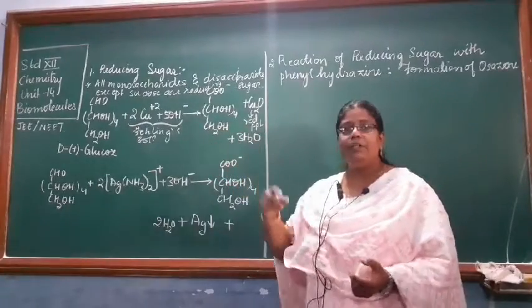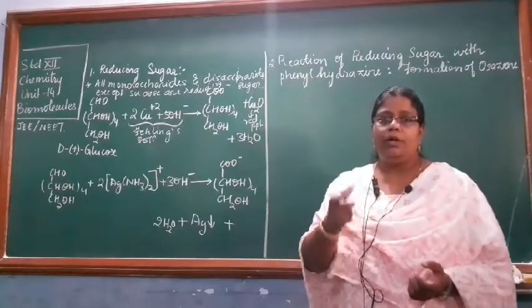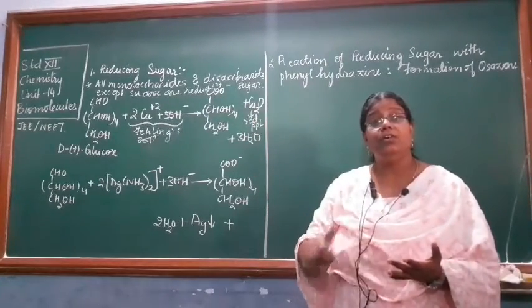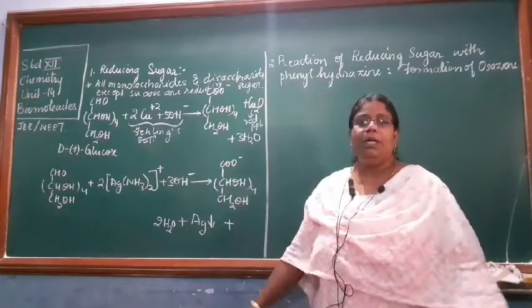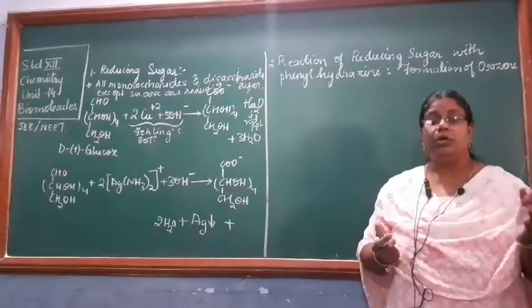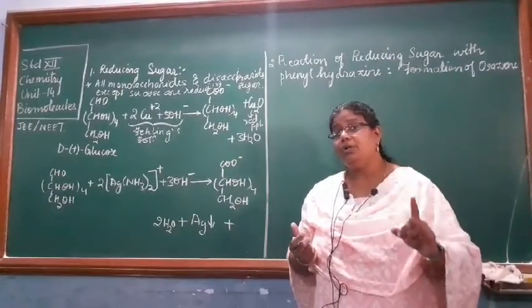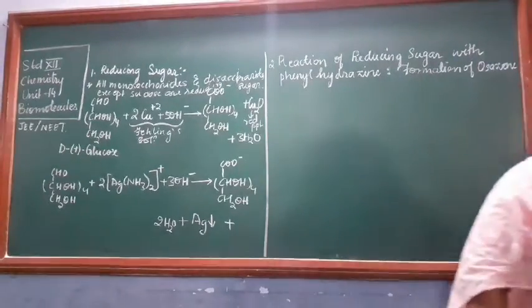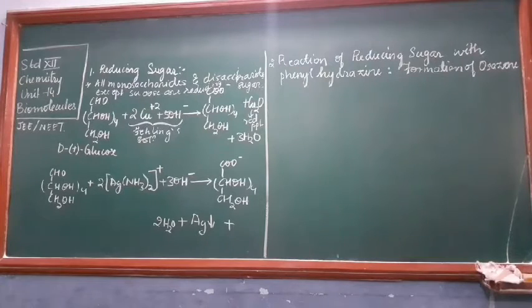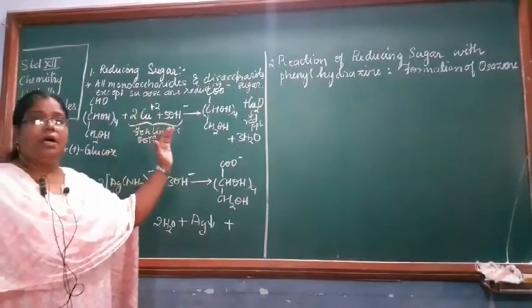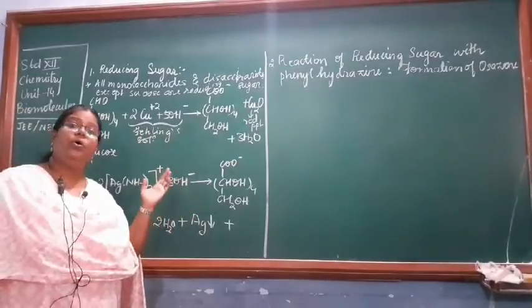So you understand that whenever we take glucose and add the Fehling solution, Fehling's A, Fehling's B mixture, you will get a red colored precipitate indicating that your sugar is reducing. तो मतलब ये जो test है, the Fehling's test and the Tollens test both, it is used to identify whether your carbohydrate is reducing or non-reducing.